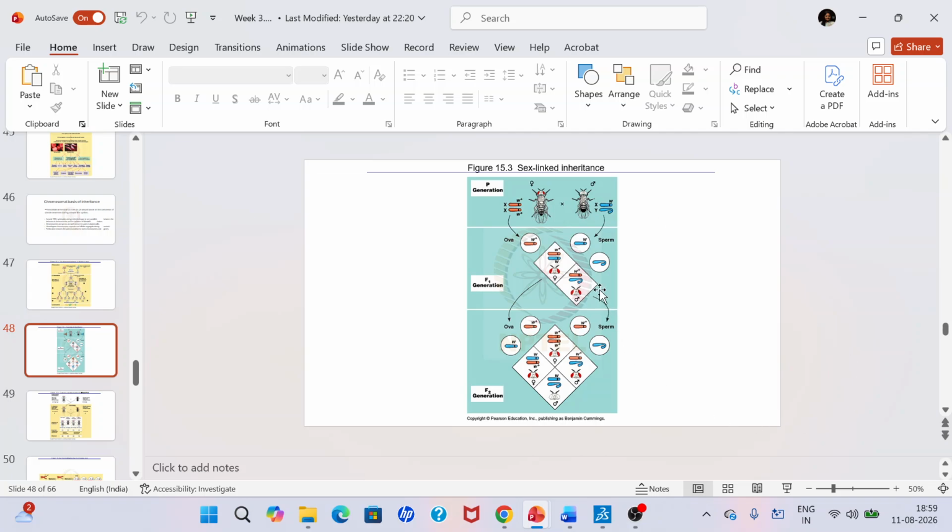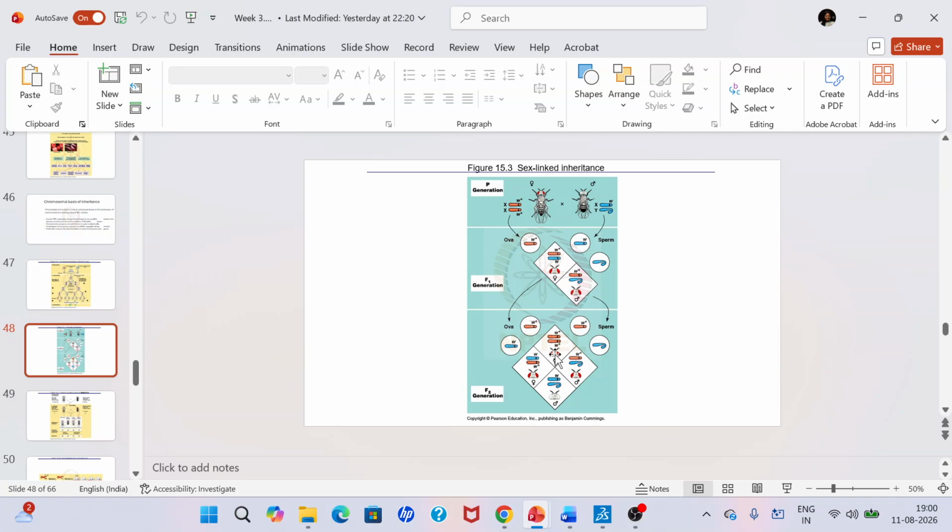But when the progeny from this F1 generation were crossed, we got a different combination. All the females were red eyed, because mother had the dominant character, and father had the recessive character. Females have two X chromosomes, so it got compensated there and they got the red eye color.